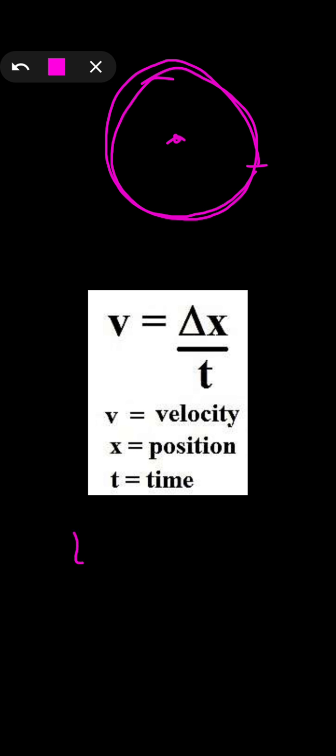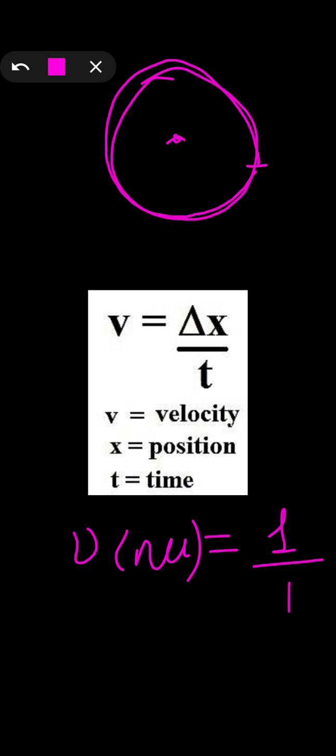It is denoted by the letter nu, and it is inversely proportional to time period, because it is the number of revolutions per unit time. So nu can be written as 1 by T, or T is 1 by nu. So both are inversely proportional to each other, and it is given as frequency of the circular motion.